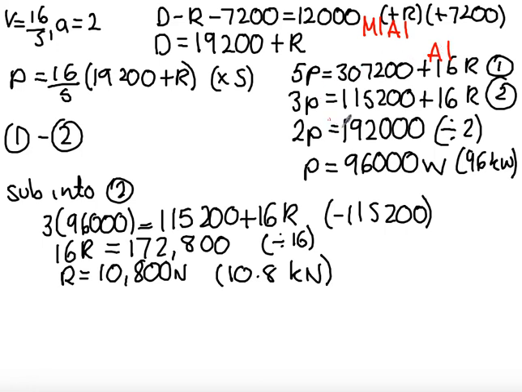Working through at this point, if I show some sort of working for simultaneous equations, I get a method mark, and then finally, if I get both the power and the resistance correct, I get a final accuracy mark. I hope all of that made sense and that you understood the question.